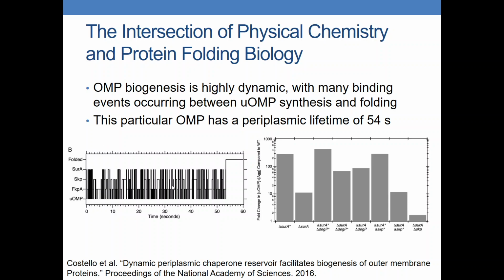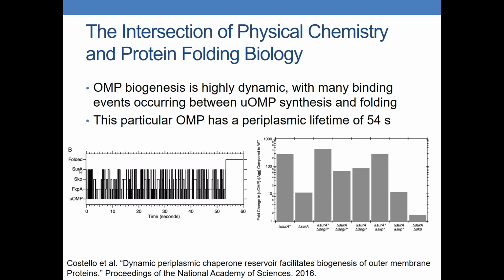Now this is really interesting because you can use these data to actually quantify the average interaction times and occupancy that describe the interactions between that unfolded outer membrane protein and each of the chaperones. This is all very useful because what we have the ability to do here is take, for example, SurA.